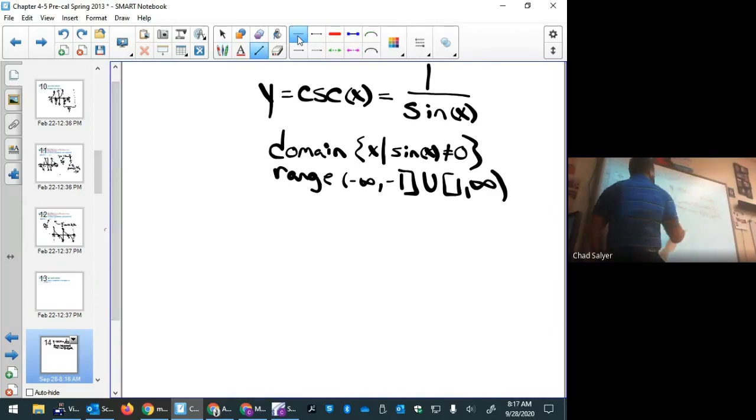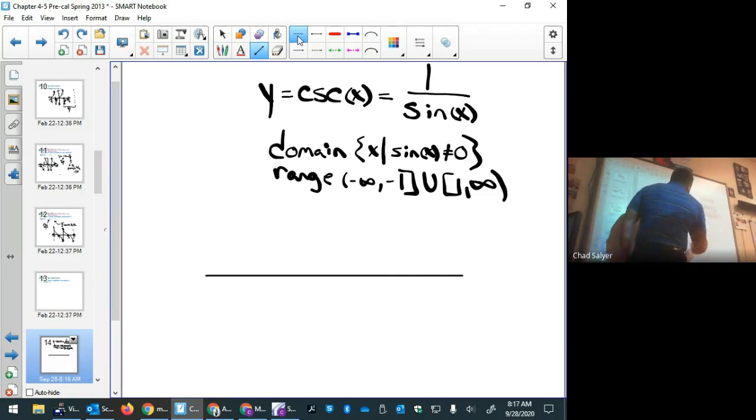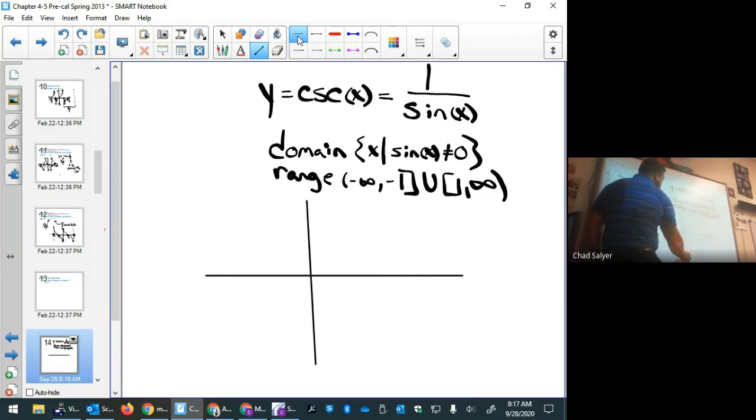So let's graph it. We're going to use our knowledge of the sine function to make our life easier here.